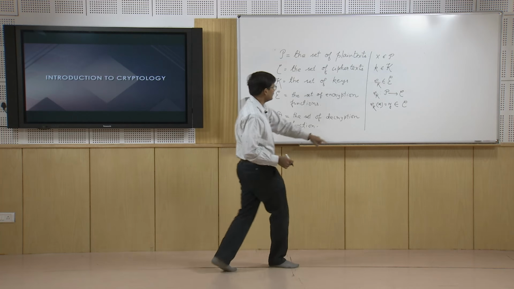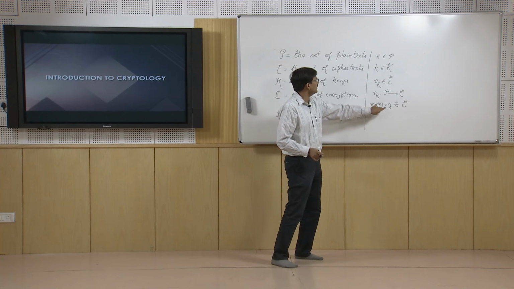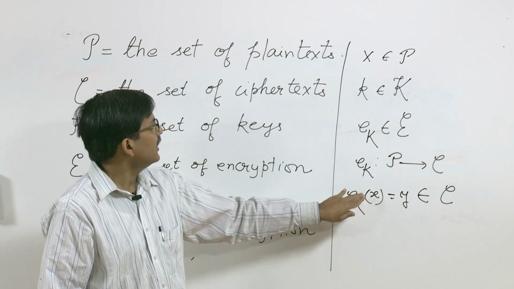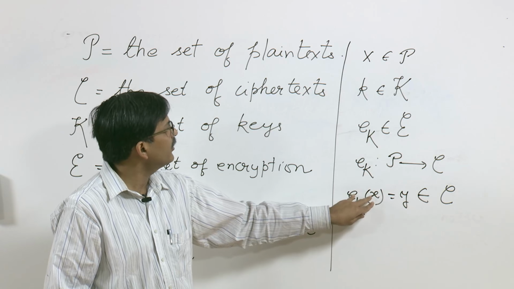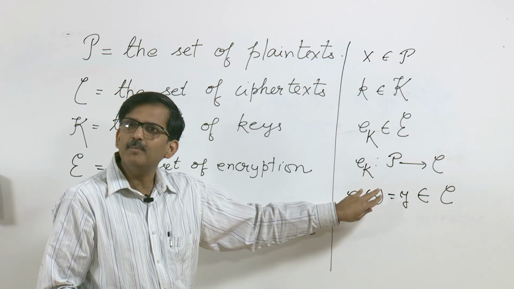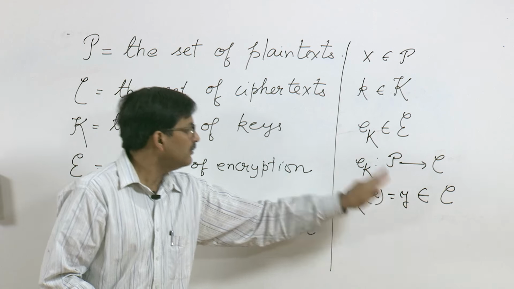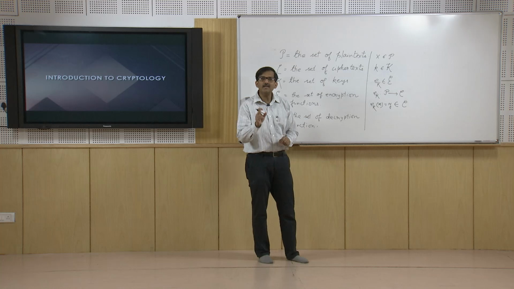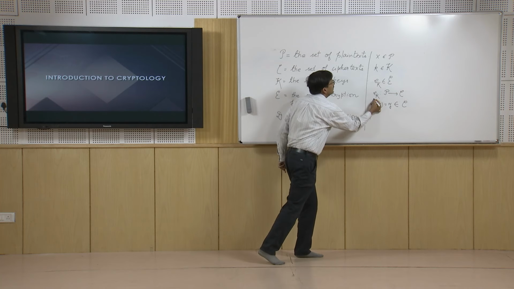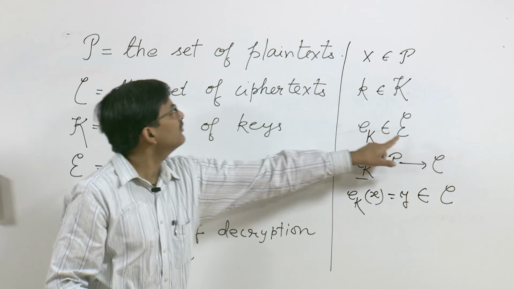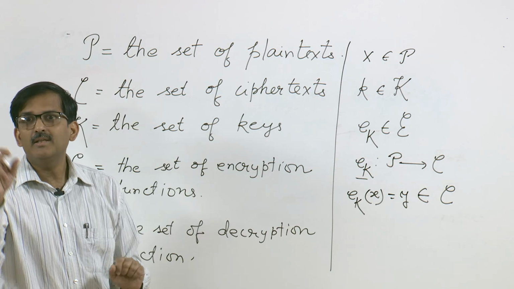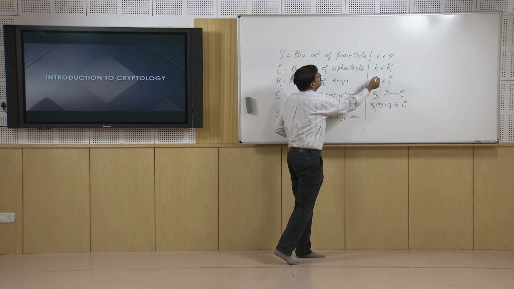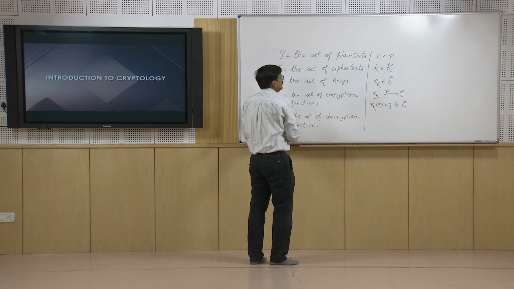Now we have a scenario like this: Alice is able to transfer the symbol X, which is an element of the plain text P, to an element of the cipher text by using a function Ek, which is an element of E, and it is also dependent on the key k, which in turn is an element of K.